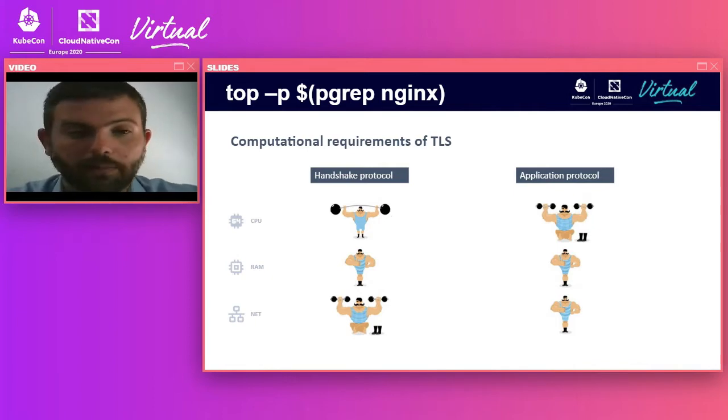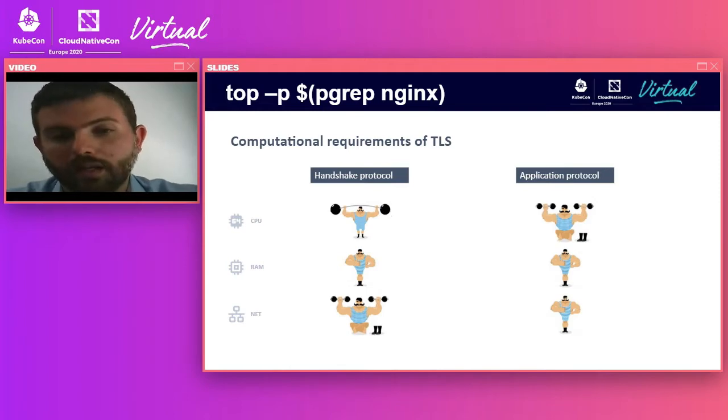On the other hand, if we look at the application protocol, as I told you before, the cryptography of the application protocol is relatively less CPU intensive, but obviously this has to take into account the number of bytes being transferred over the application protocol. So if we take the handshake protocol as a given on every connection open, this is a constant number.